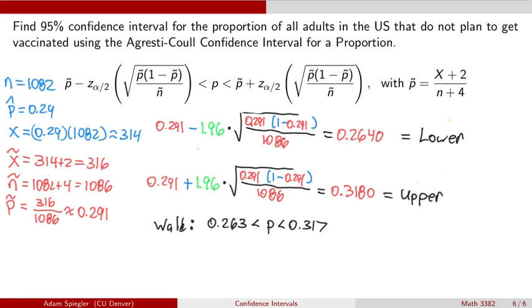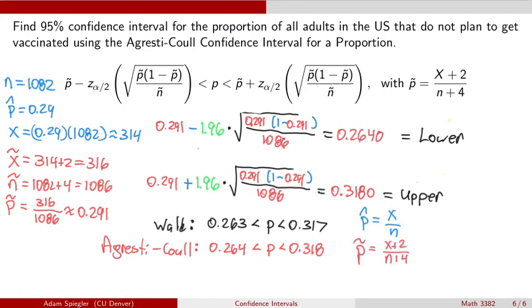And similarly, we get an upper cutoff, which is 0.318. And so now we can compare this with the Wald confidence interval. We can see it's not much of a difference, but the Agresti-Coull is going to be a little bit more accurate. It's just shifted the Wald confidence interval ever so slightly.